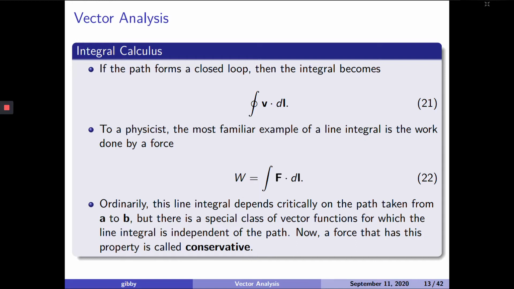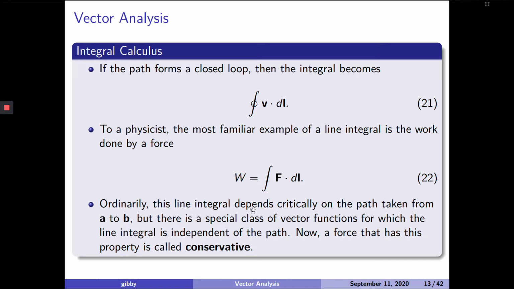Now ordinarily, this line integral depends critically on the path taken from A to B. But there is a special class of vector functions for which the line integral is independent of the path. A force that has this property is called conservative. So we have a conservative force.